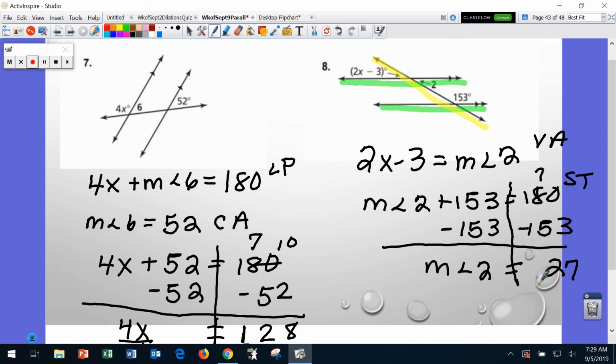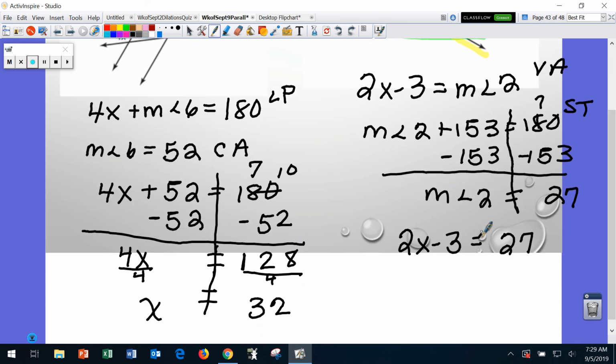All right, so next, I know the measure of angle 2, which is this, is 27. So now I'm going to say 2x minus 3 equals 27. So I'm going to go through here and do the math. Draw the line again. I'm going to say plus 3, and I'm saying plus this time because if I go to the other side, I cross over this line, I have to change the sign of the number that I'm moving.